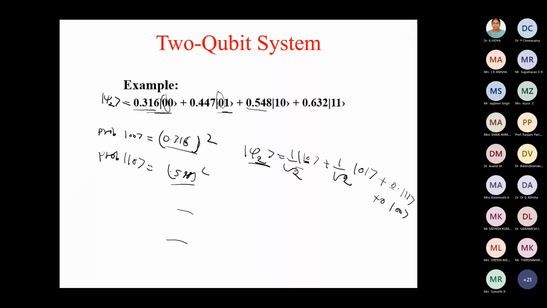Mod square of this thing, that is 1 by 2, 50%. What is the probability of getting 0 1? 1/2. Perfect. So again it is 50%. So 50% of the time we get this, 50% of the time we get that. It means 100% is already covered, so the other states will not happen. Since the coefficient is 0, their probability will be mod square of 0, which is 0.